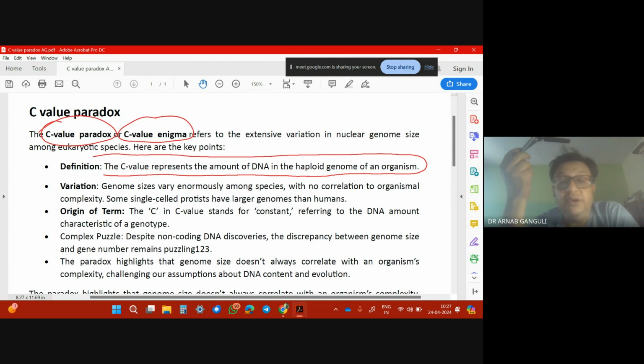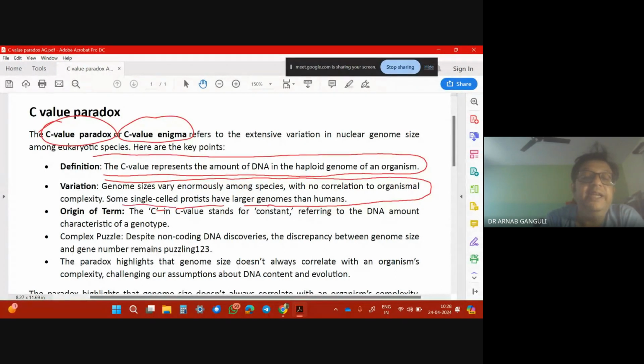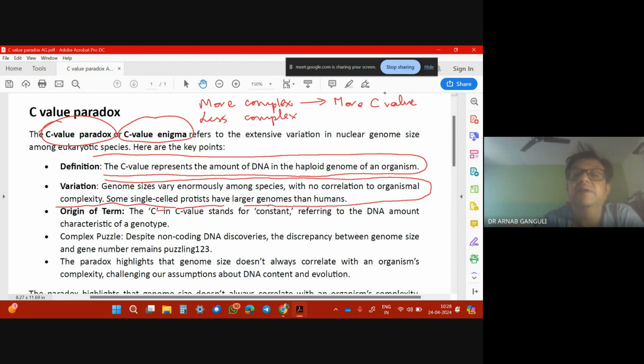Genome sizes vary enormously among species. So between different species, you have different amounts of DNA. And it is expected that more complex species will have more C value, more DNA, and less complex species, less C value.